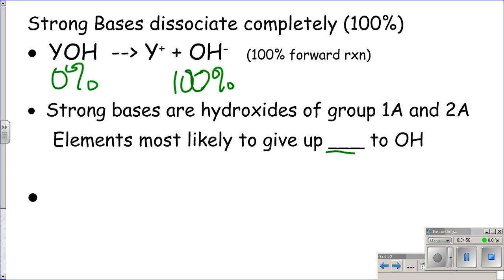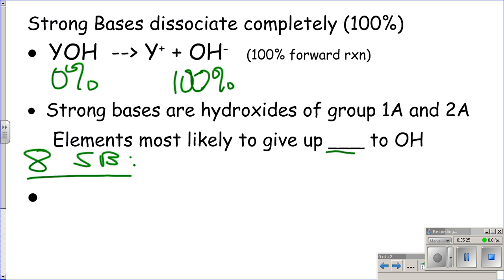I'm going to go through the strong bases first. There are 8 strong bases. They are in group 1A and 2A.